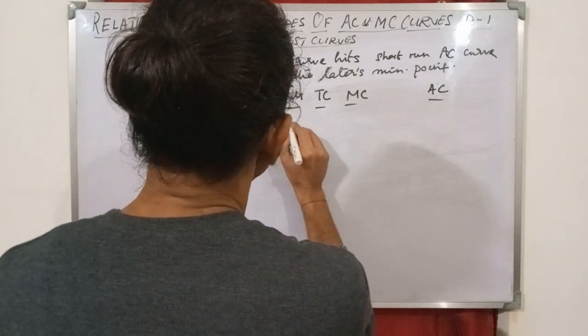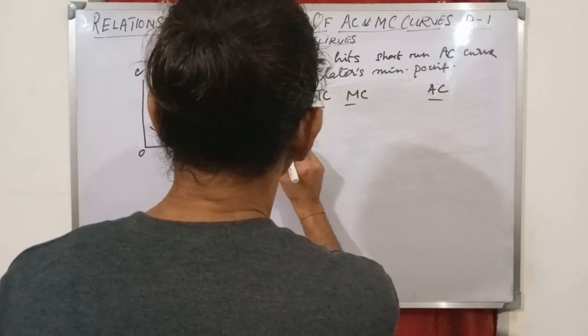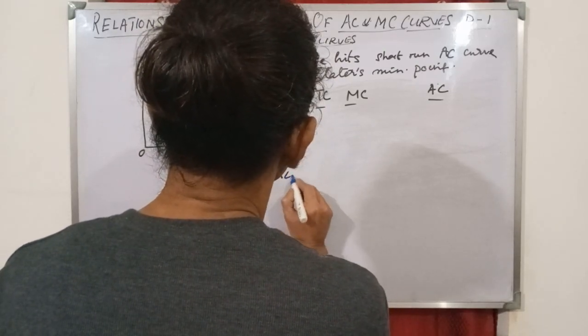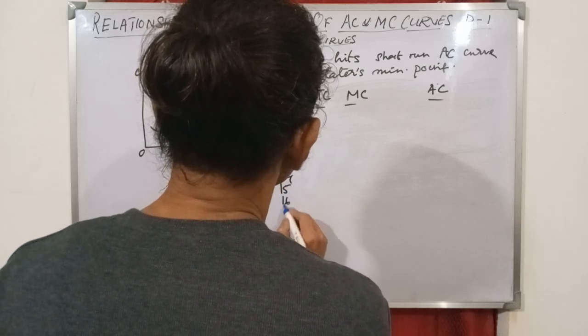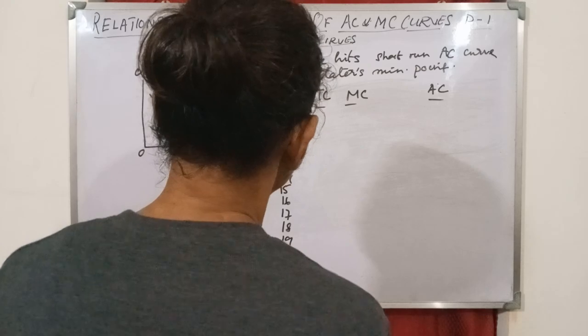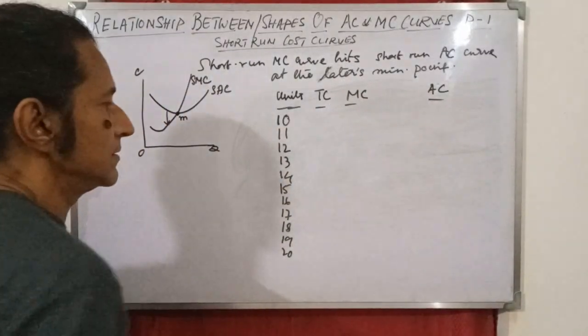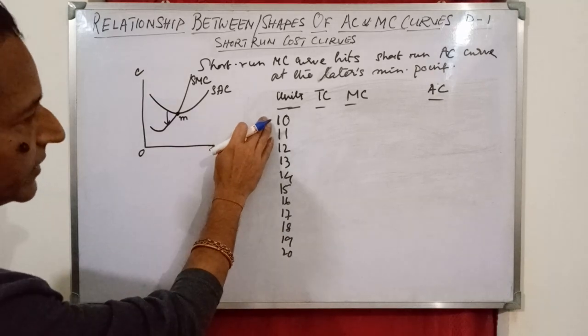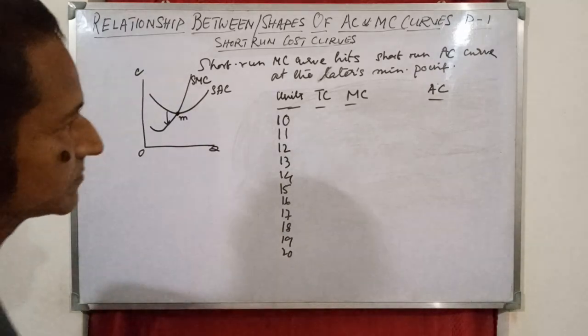Let me complete the units first, then I will explain everything to you. 10, 11, 12, 13, 14, 15, 16, 17, 18, 19 and 20. These are the different levels of output, 10 units to 20 units.